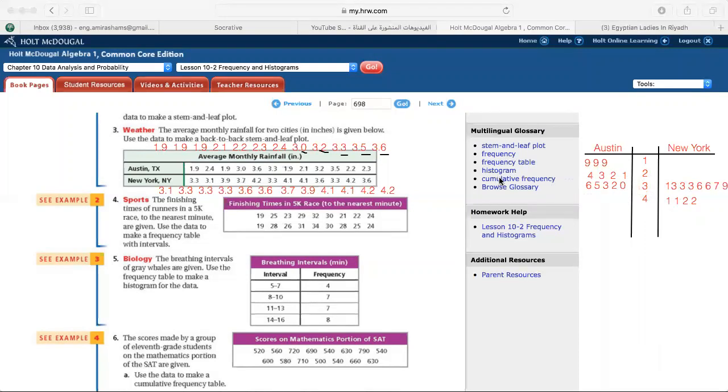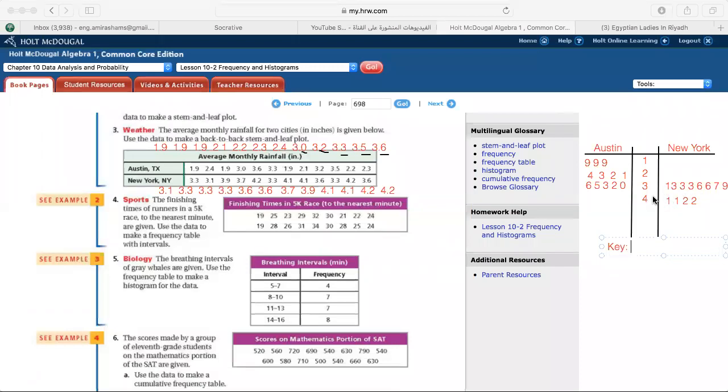How am I going to write the key here? I'm going to write 2 keys: a key for New York and a key for Austin, because they are back to back. For the first one, I'm going to choose a number from the stem and a number from the leaf, but they should be on the same line.